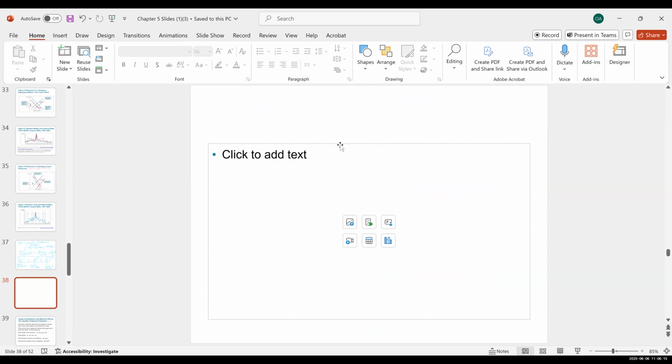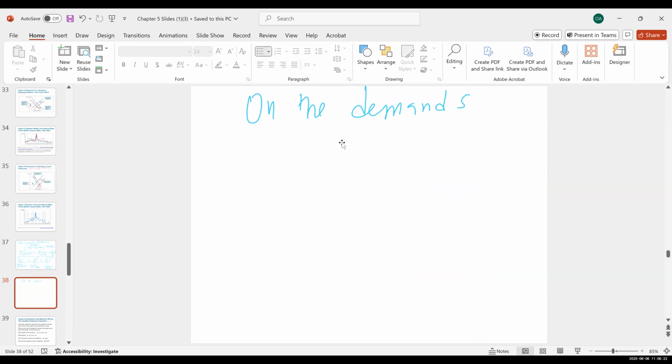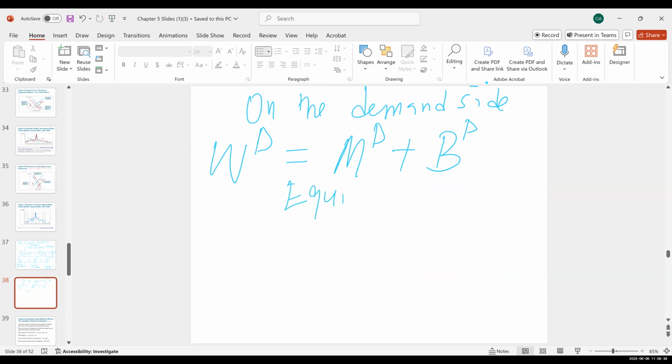So let's talk about the demand side here. On the demand side, Keynes is going to argue that the demand for wealth consists of the demand for money, MD, money demand, and the demand for bonds, BD. So we are going to reach equilibrium. Equilibrium is when the supply of wealth equals the demand for wealth.